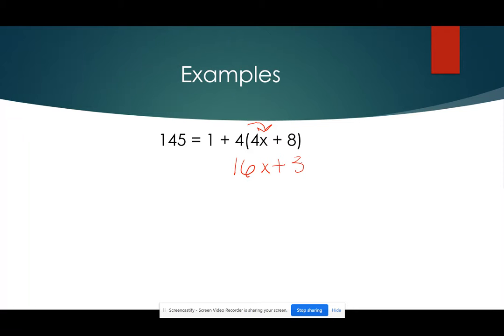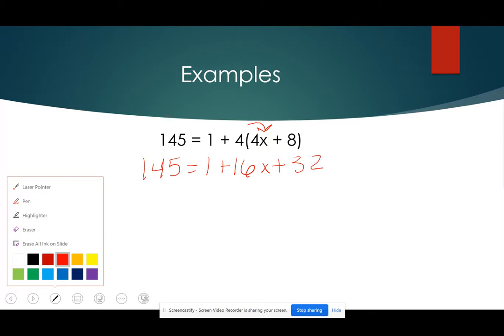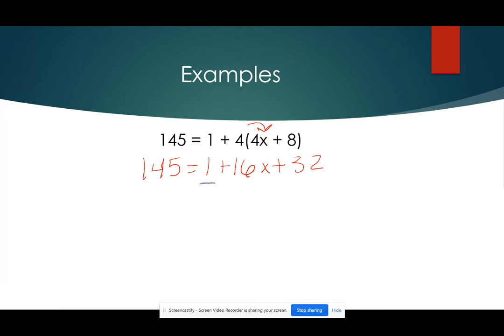So plus 32. And copy everything else down. So we can combine this 1 plus 32 on this side. So we have 145 equals 33 plus 16x.